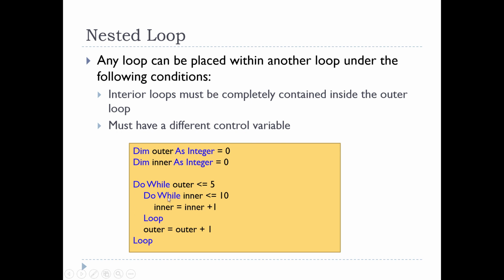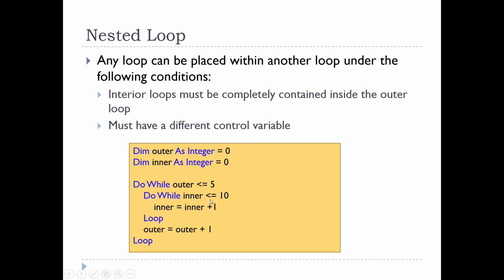And then you exit out, and the outer is incremented by 1, and then you run it again inside. But since we didn't reset the inner variable to 0, this will only run one time.